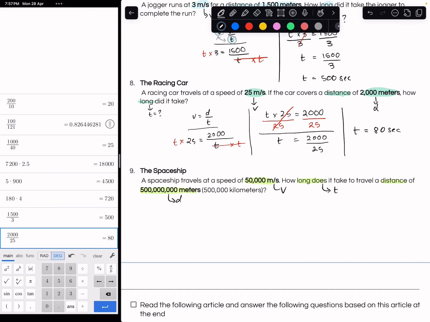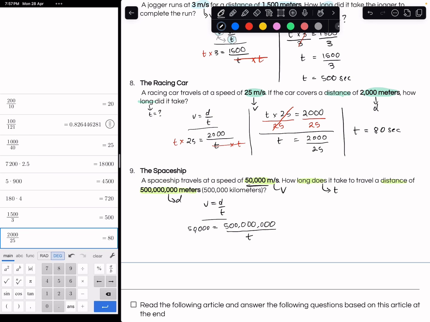So V equals D over T. Let's substitute. The velocity is 50,000 equals the distance, which is 500 million. My goodness gracious, that's a big number. Anyways, that's how far it's going, over the time, which is the mystery.